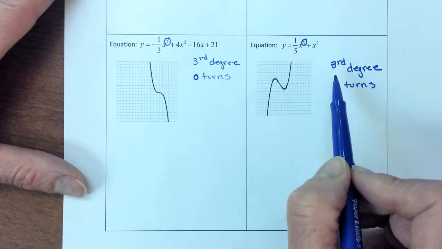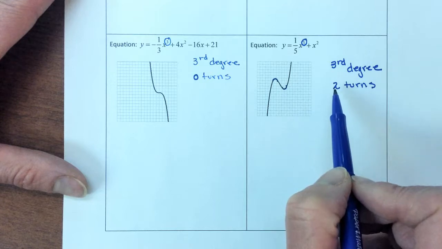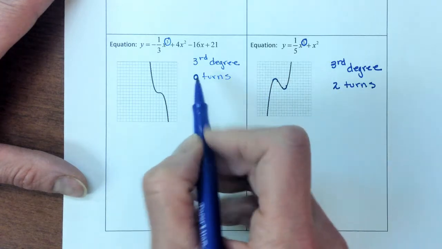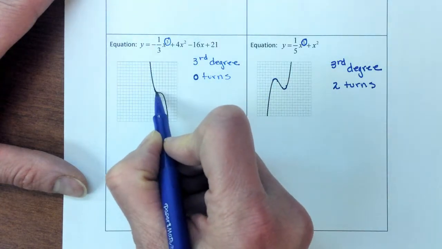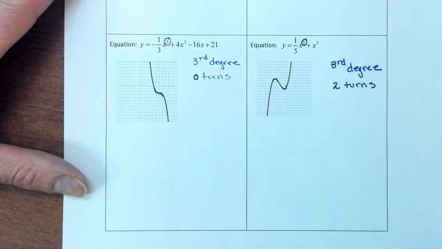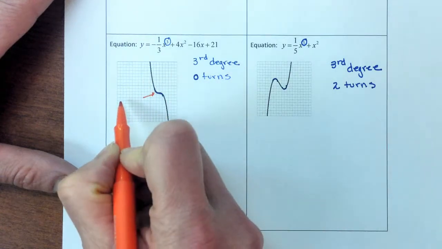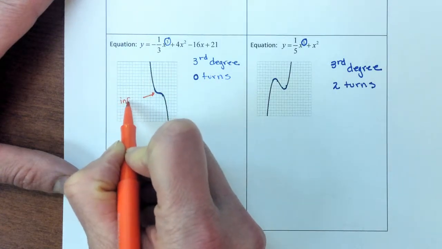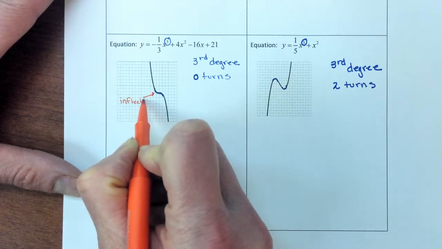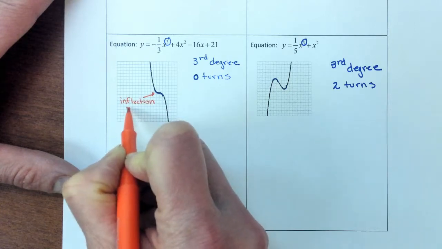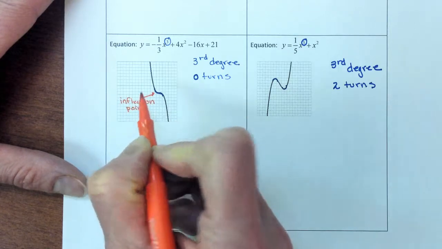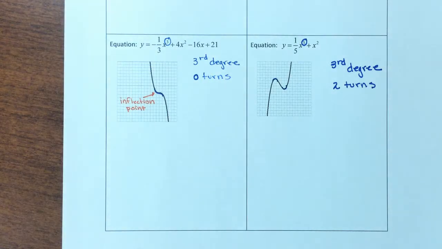Notice that it's always at least 1 less than the degree. This here is not a turn. It's a little dip, which is called an inflection point. If you take calculus or pre-calculus, you will know this is an inflection point. It's right there, but we don't need to really worry too much about that.